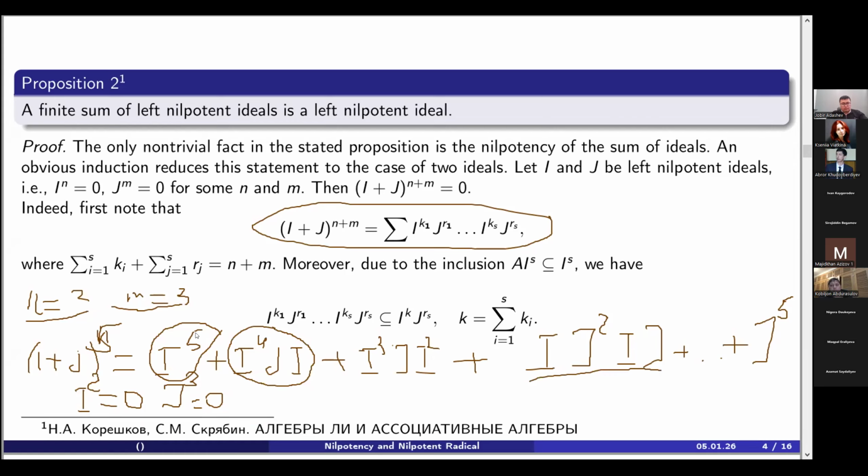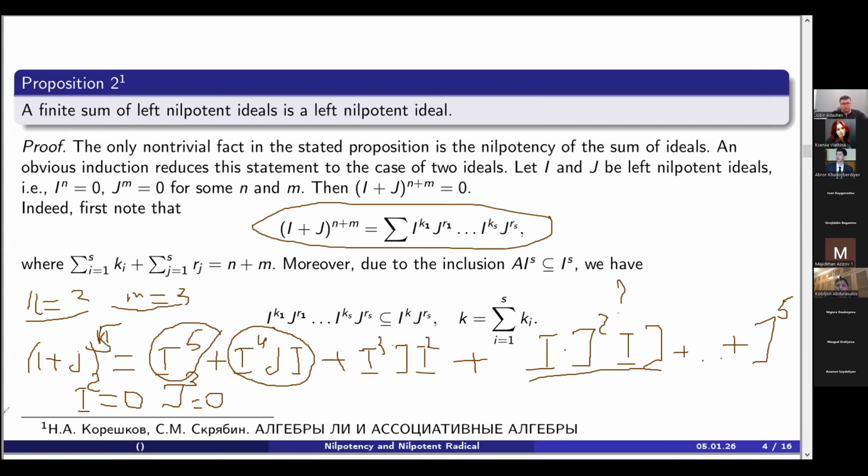For example, this one. We may use associativity.